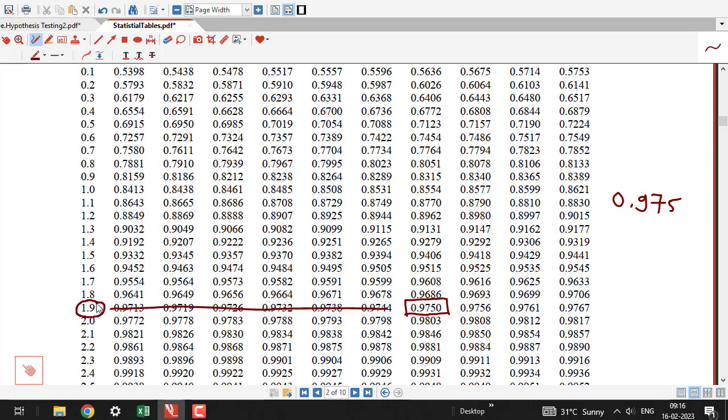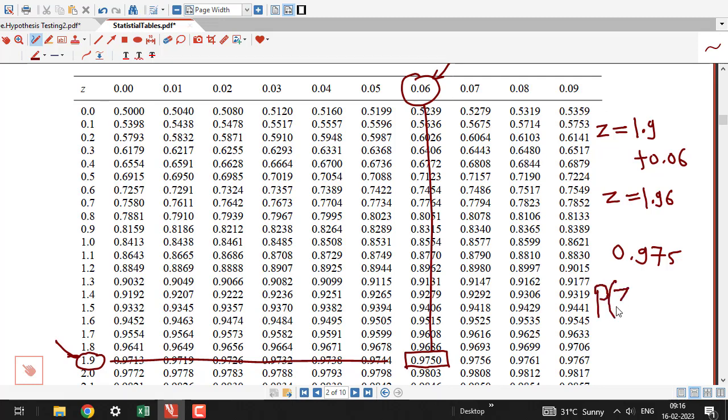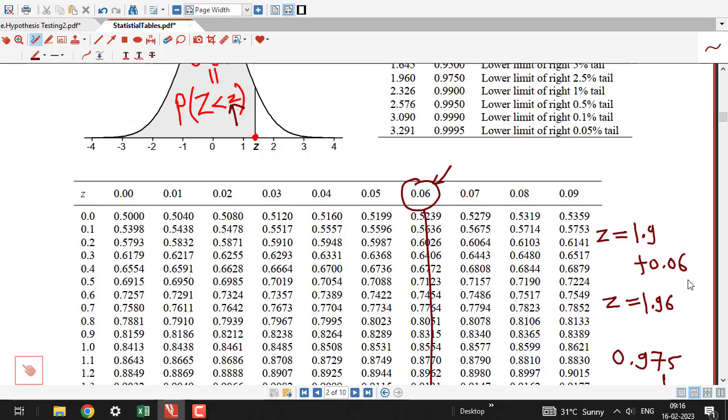Here I have 1.9 and I have to go in this column. Here I have 0.06. So my z value is the addition of 1.9 and 0.06. That means z equals 1.96. If we consider the probability that z is less than 1.96, then we obtain 0.975. So this is our critical value 1.96.